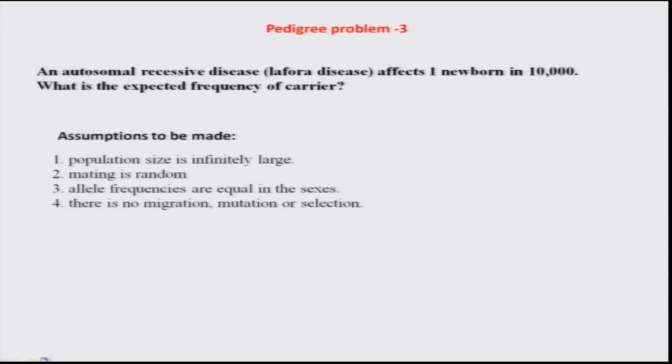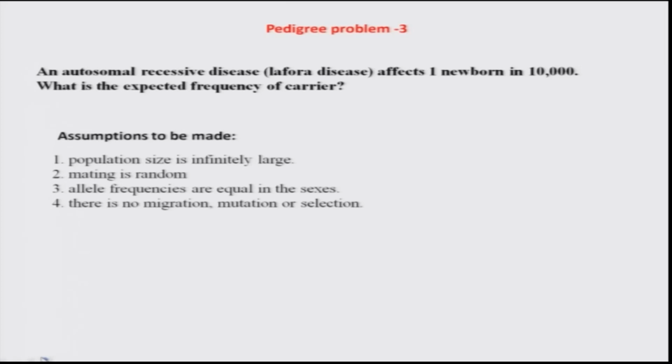The assumptions which need to be made are that population size is infinitely large, that is, it is quite a large population. Mating is random, that is, it is not specific that only a particular community will be marrying each other. That would change the frequency of the alleles.